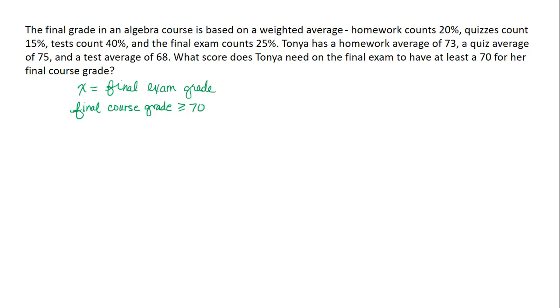This means that 0.20 times the homework plus 0.15 times the quizzes plus 0.40 times the test average plus 0.25 times the final exam grade represents the final grade. We substitute the known values to get our inequality.